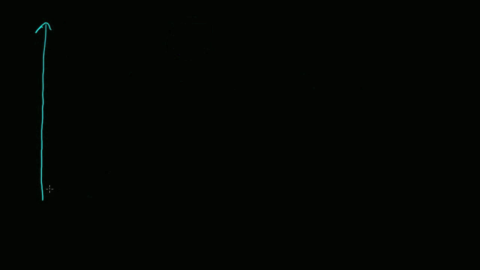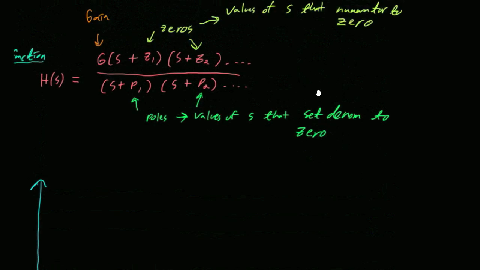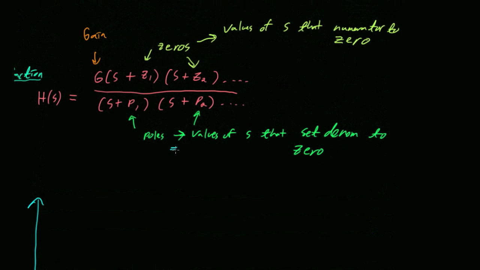Right. Poles reduce the slope, and I'll do an example. They reduce slope by 20 dB per decade, and zeros increase the slope by 20 dB per decade.